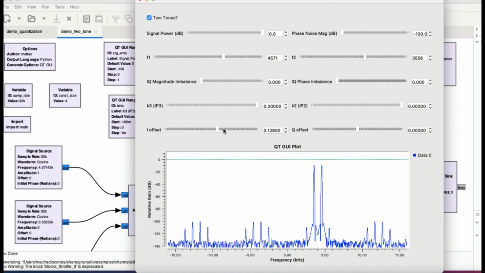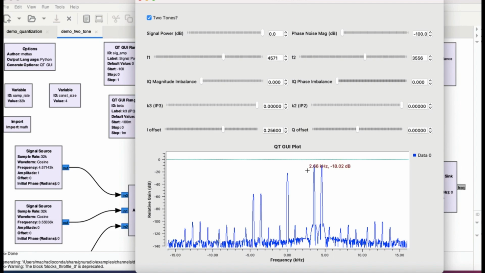By changing this, you would start seeing some components rising. By changing the IQ offset, you will see that these components appear, and you would see a possible spike at 0, at DC as well.